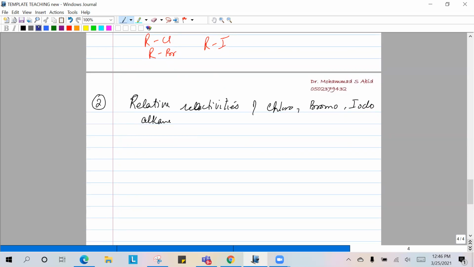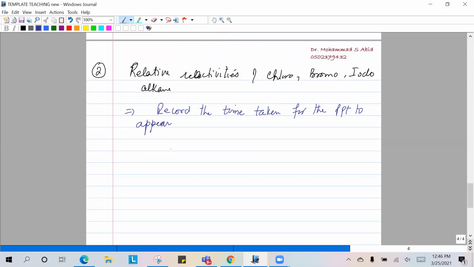So over here, what you do is you record the time taken for the precipitate to appear. Now in this case, I'm not worried about the color of the precipitate. I'm worried about the time taken.